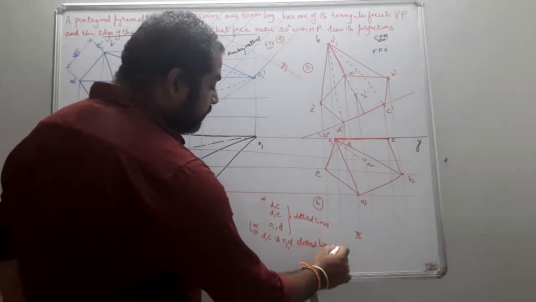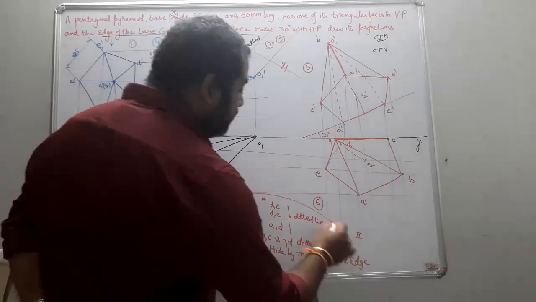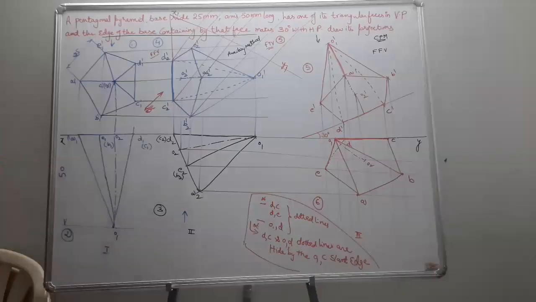So this you just have to remember. So DC and OD are hidden by this OC solid line. Students, is it clear now? So how is it obtained? Only DE is going to be dotted. Okay, students, is it clear now?